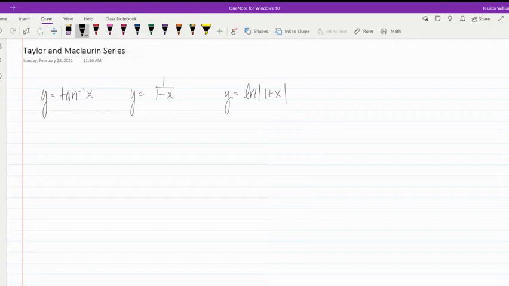Hey kiddos, today we write Taylor and Maclaurin series, and this is a way to write power series for any function. So last video we started with geometric series, and we were able to write a power series representation for those.